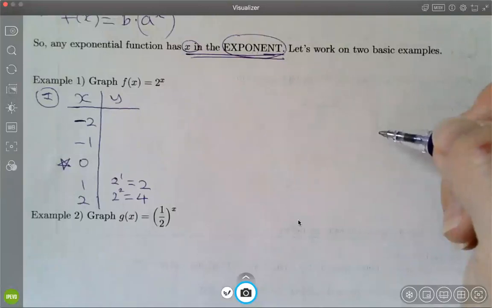Zero. Now, am I correct or no? 2 to the power 0 is 0. Yes or no?